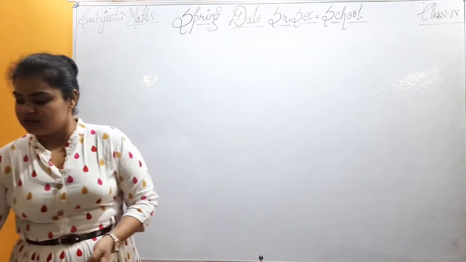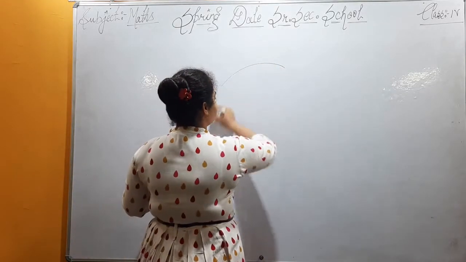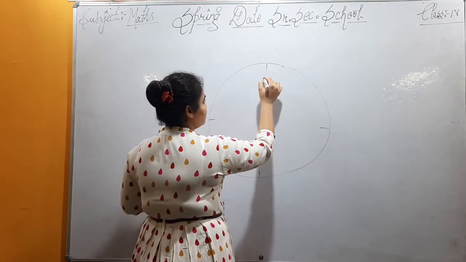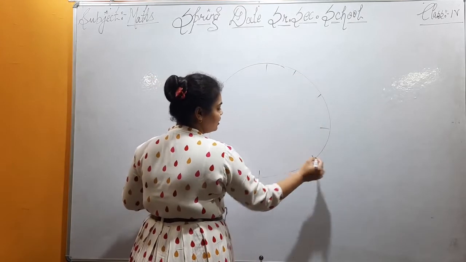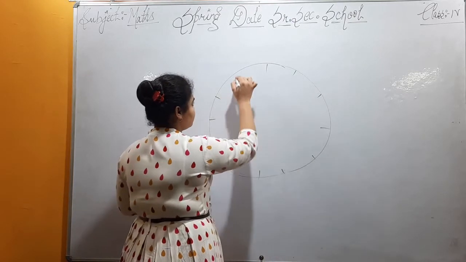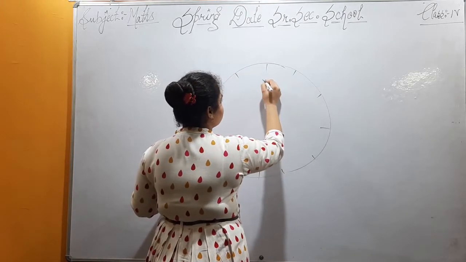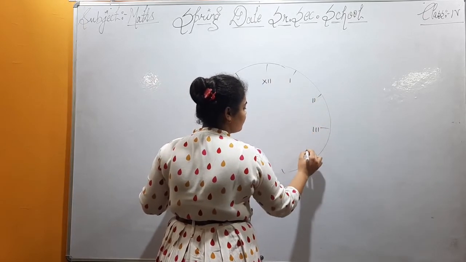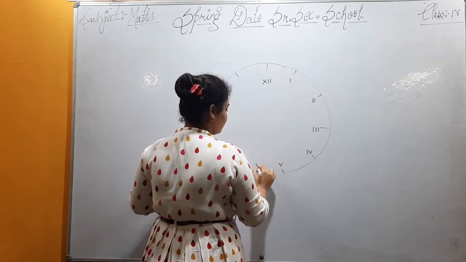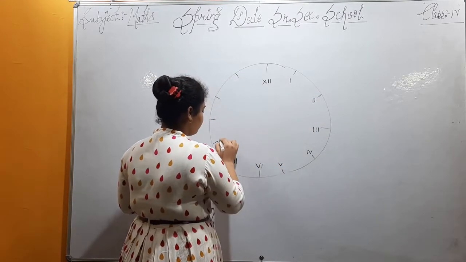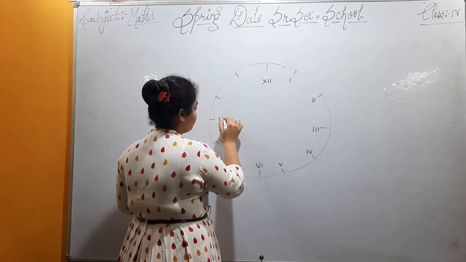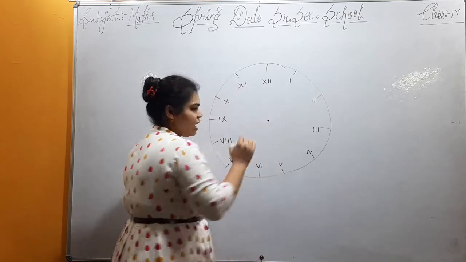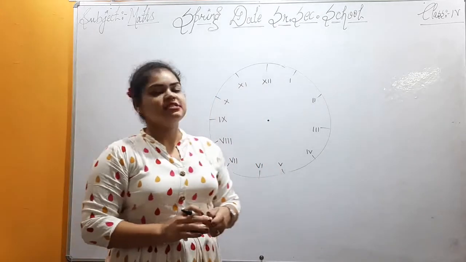But the other clocks which you see, how are the numbers written in that clock? Have you all seen this type of clock somewhere?